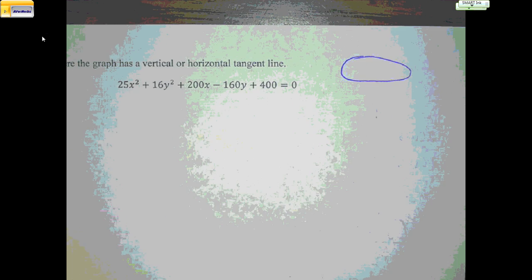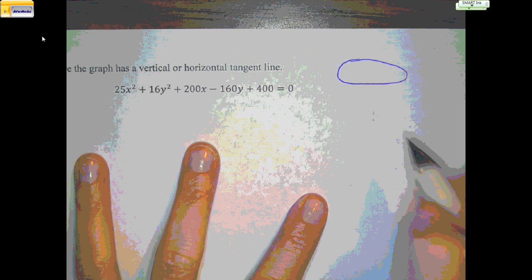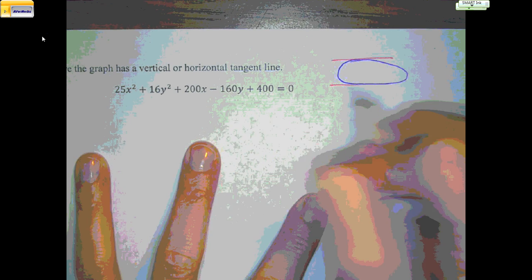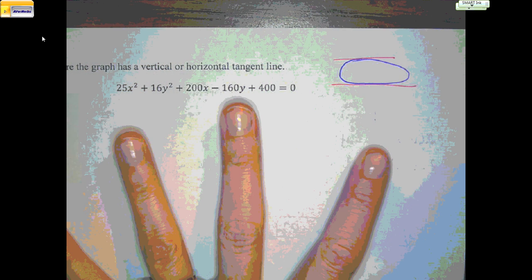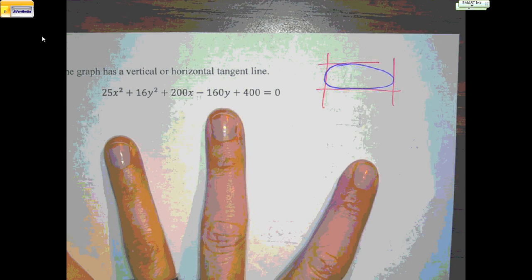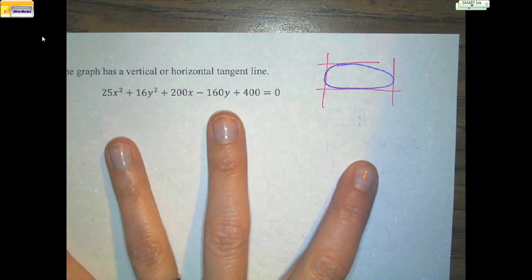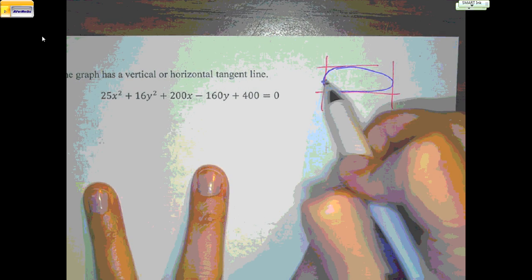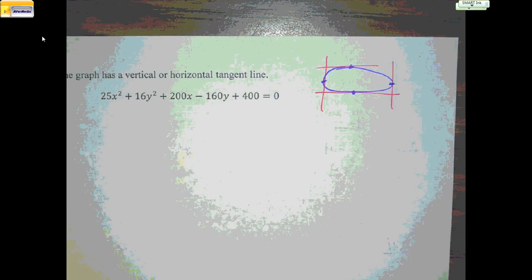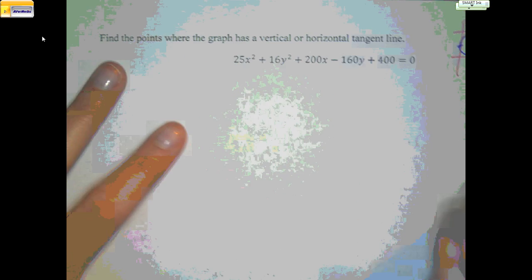So if we're talking about vertical and horizontal tangent lines, wouldn't you say that there are 2 horizontal tangent lines, and I didn't draw that very well, don't judge, and there will be 2 vertical tangent lines? So how many answers will we have total? We'll have 4.